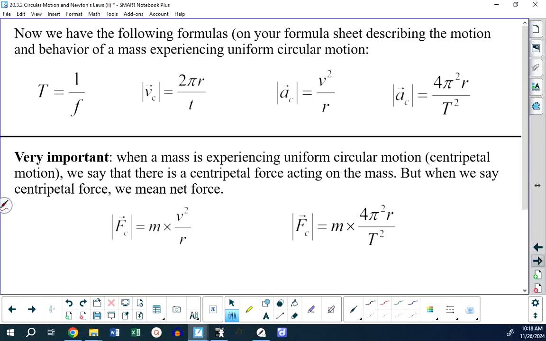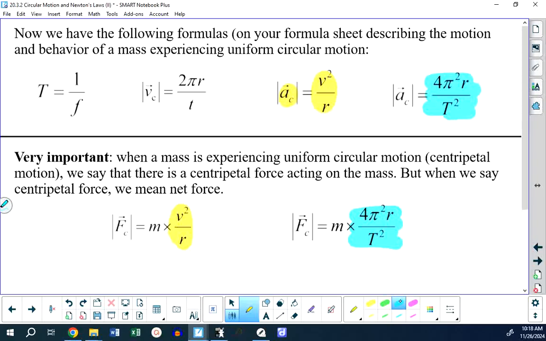Why? Well, because v squared over r is the centripetal acceleration. And F sub c is really the net force, which is mass times acceleration. Same thing here, right? This is the centripetal acceleration. So you multiply the acceleration by the mass to get the net force, which we can call the centripetal force. But those are not on your formula sheet.